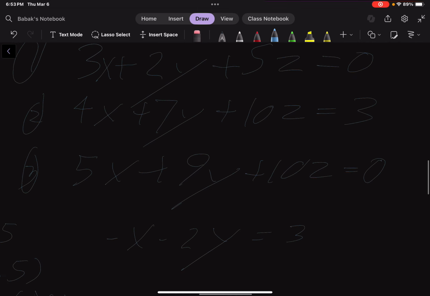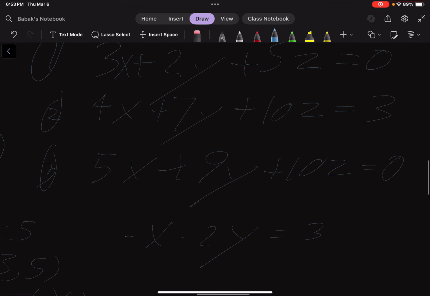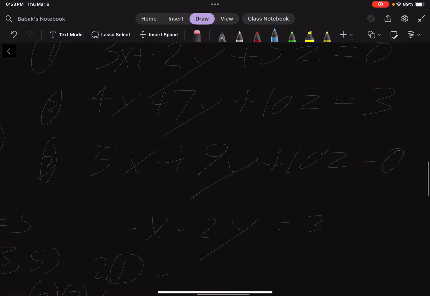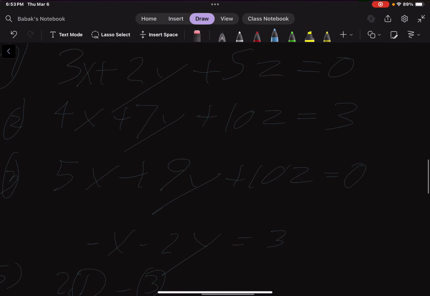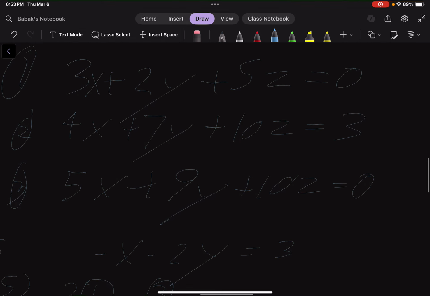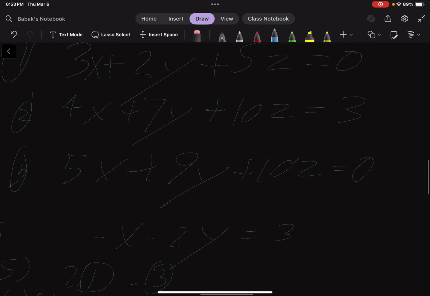And now we do 2 times equation 1 minus equation 3. And in doing so, we get x minus 5y, and we'll check in a second, is equal to 0.